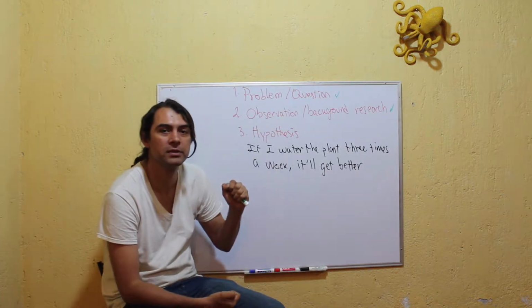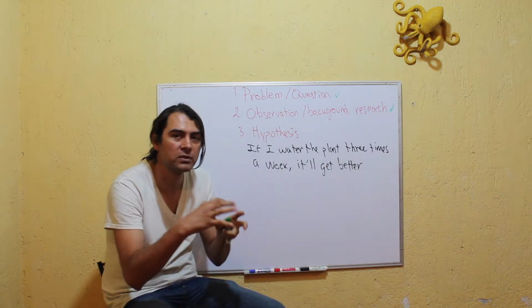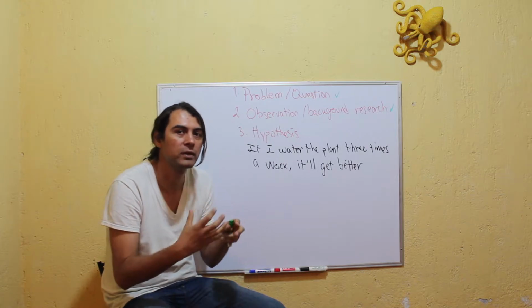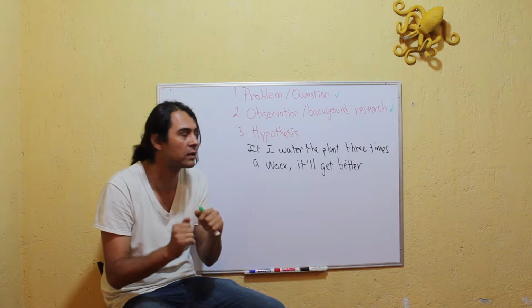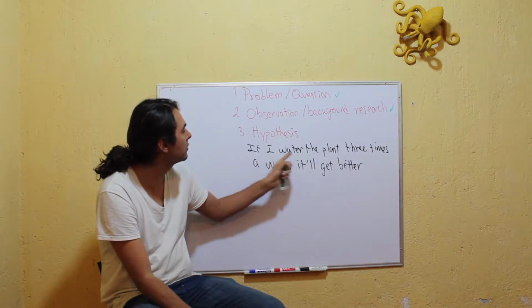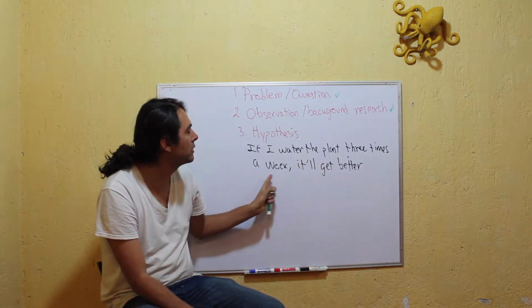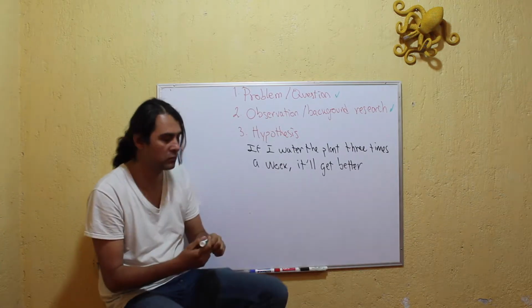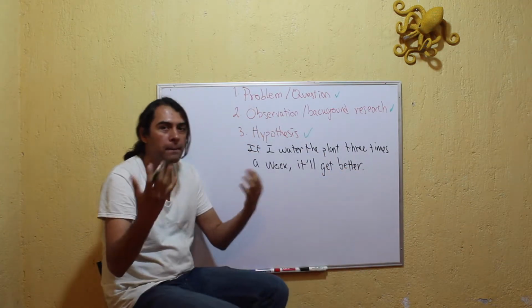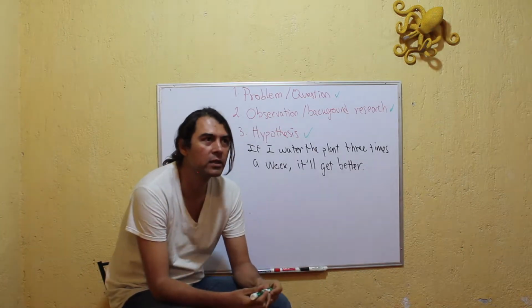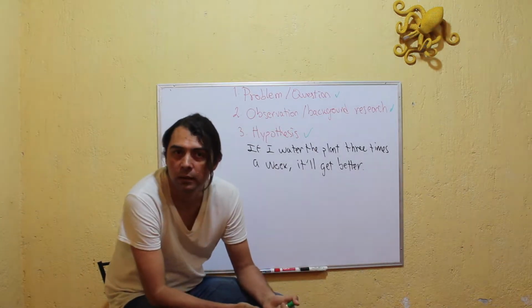I did my observations and remember the plant was squishy. It had too much water. So my hypothesis is going to be something like, if I water the plant 3 times a week, it'll get better. Alright? That's my hypothesis. Why 3 times a week? Why not 2? Why not just 1?